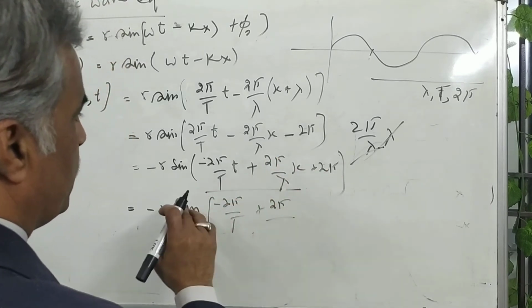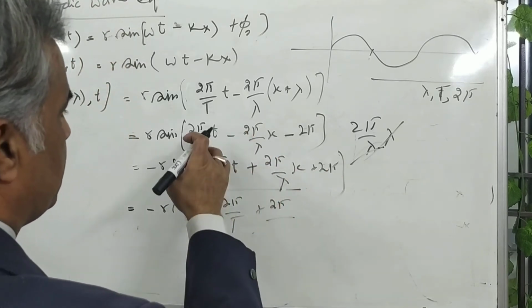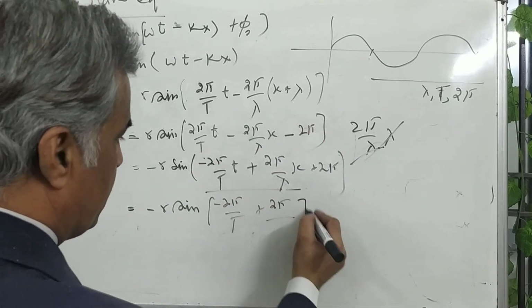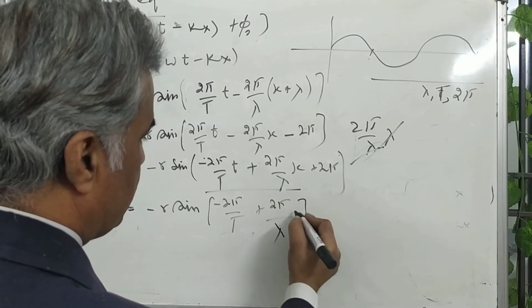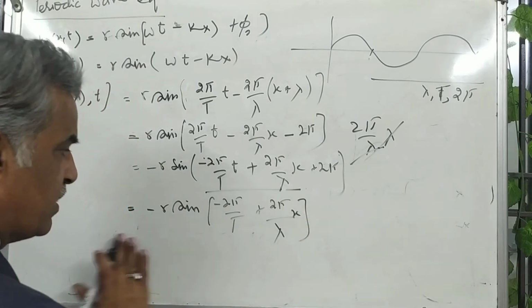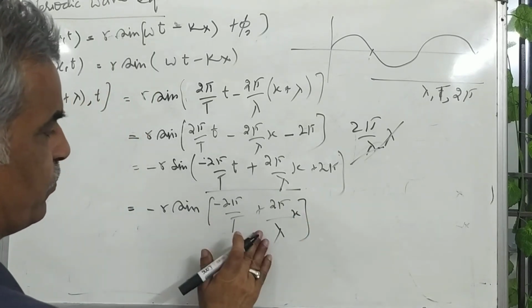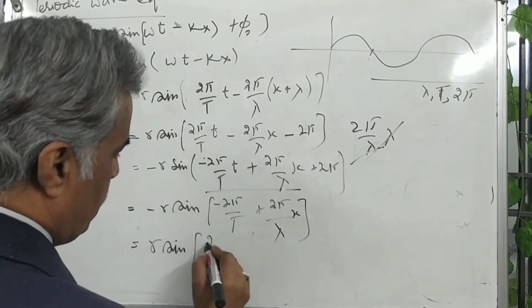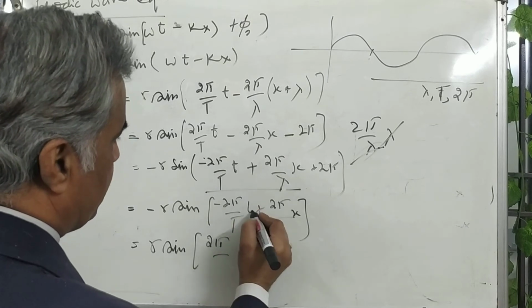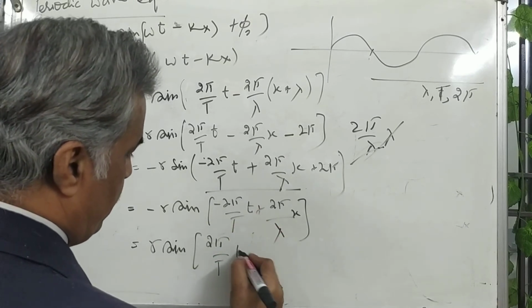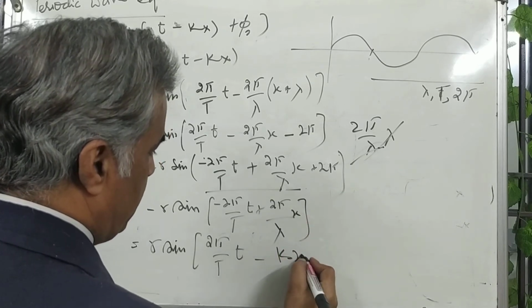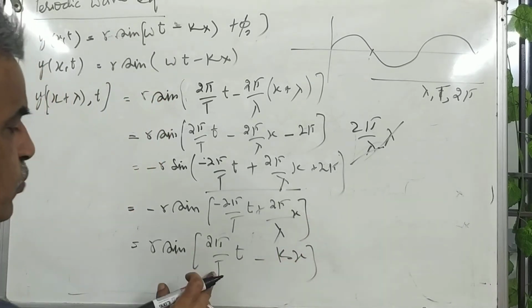Now it is converted into positive. This is negative, this is positive, and this value is 2 pi by lambda times x. Now again transfer to this side, negative to inverse. So you may write r sin (2 pi by T)t minus (2 pi by lambda) x, where 2 pi by lambda is k and 2 pi by T is omega.